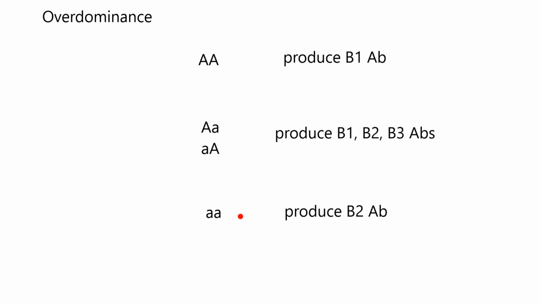Let's say little a has a fitness score of 1, and large A has a fitness score of 2. Well, you might think the heterozygote state would be somewhere between. No, this would be like a 3 or 4. So when there's heterozygosity, they are exceeding either of the homozygous states. That's a lot of tongue twisting there. That's overdominance.